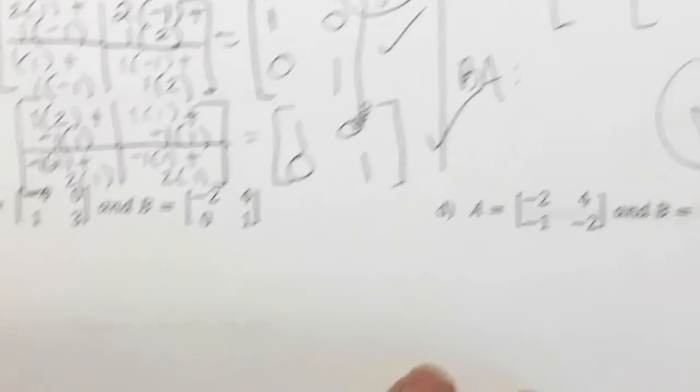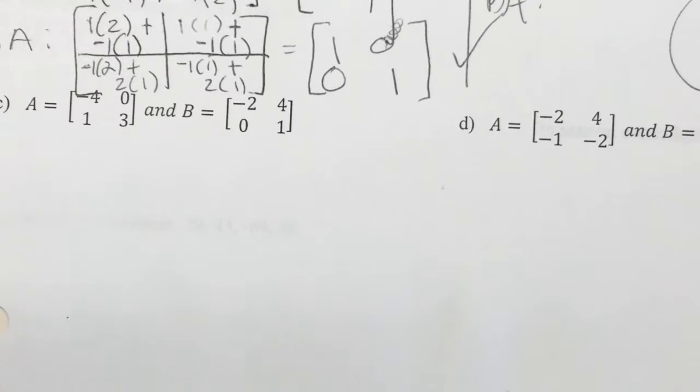Try C and D on your own as well, these two. And like I said, if you get to one number and it's not that 1, you don't have to do the rest of it. You just put no, they are not inverses.